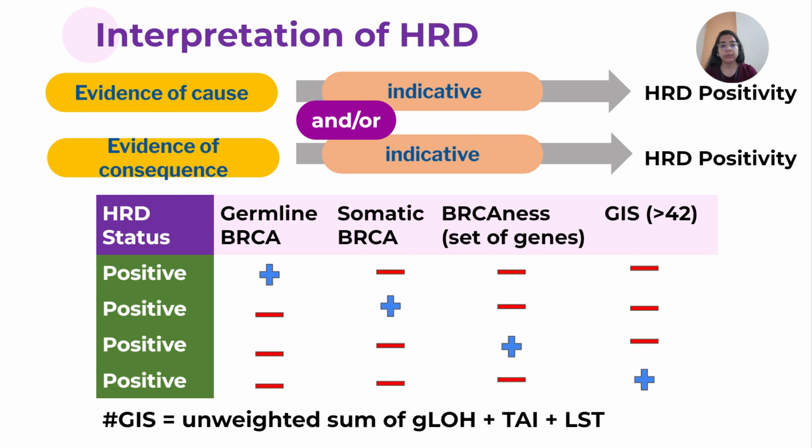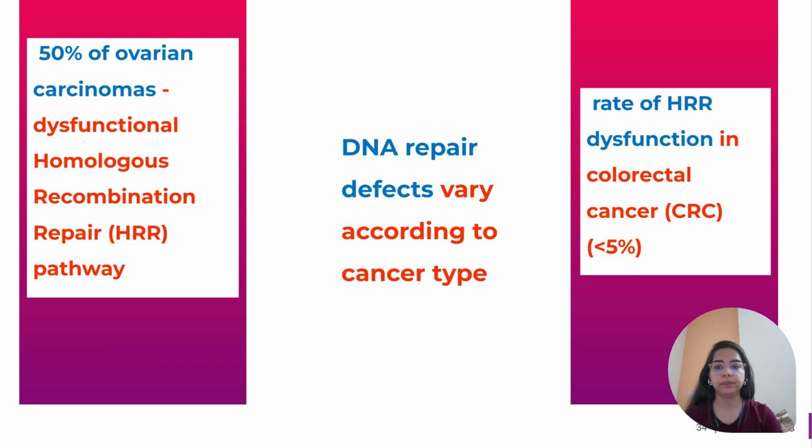To interpret HRD, it could either be evidence of cause or evidence of consequence, which would confer HRD positive. For example, in this table, the presence of a germline BRCA mutation, a somatic BRCA mutation, a mutation in non-BRCA genes, or a genomic instability score greater than 42 would confer HRD positivity.